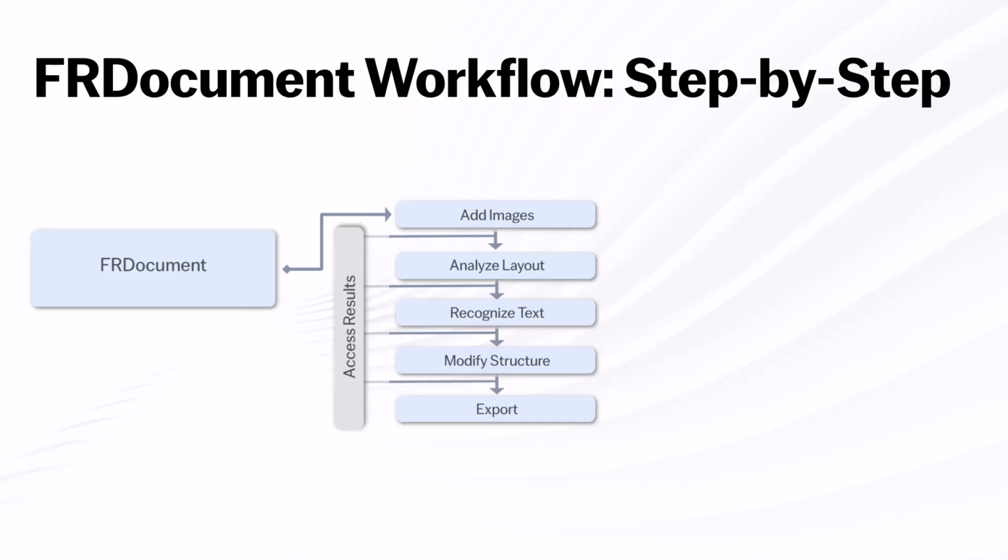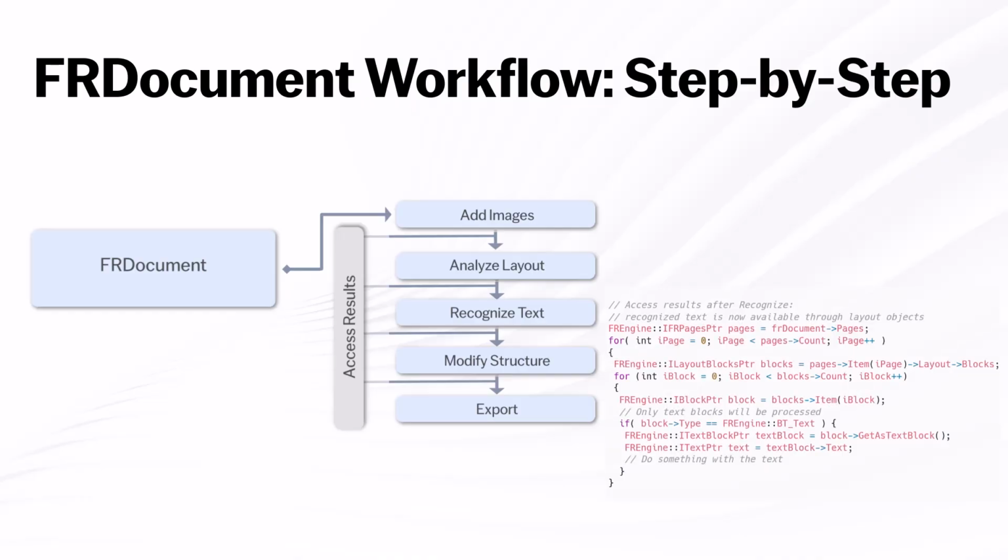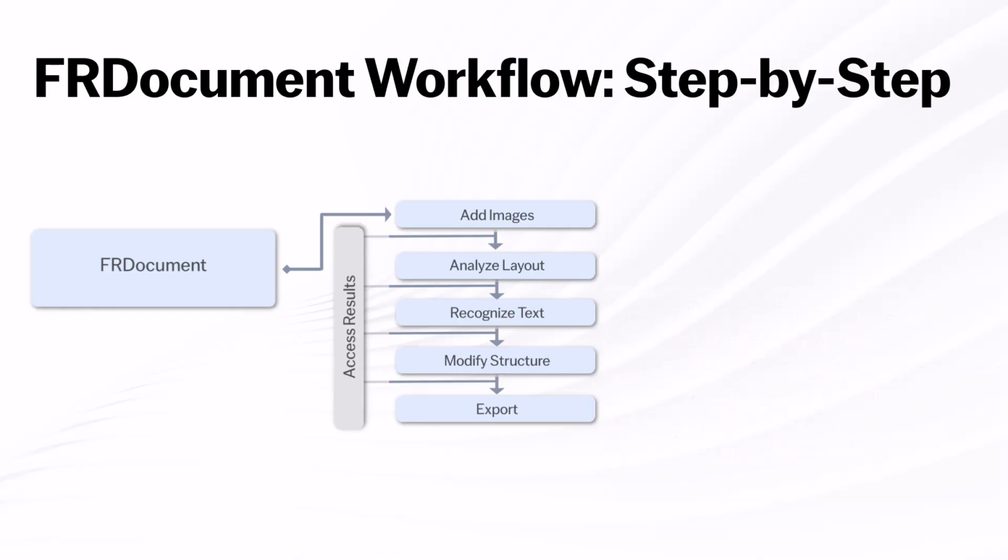For example, after analysis, we can inspect the detected layout blocks. After recognition, we can access the recognized text. And after synthesis, we can work with the reconstructed document before export. After analysis, we call the Recognize method to run OCR over the analyzed content using the configured recognition parameters.